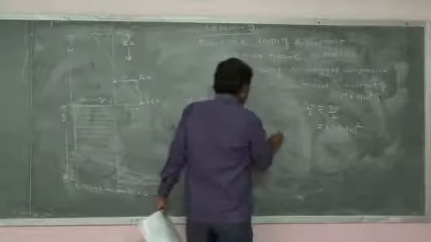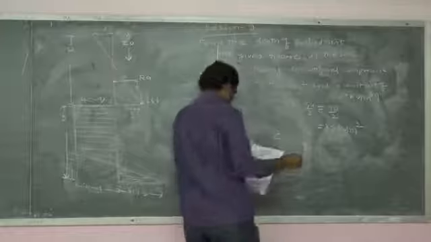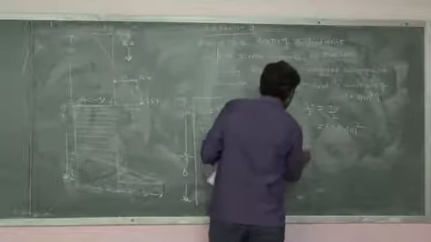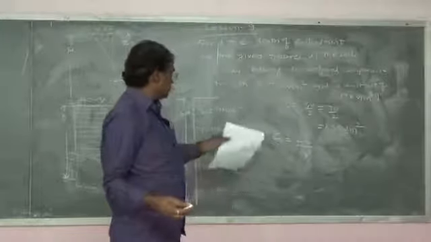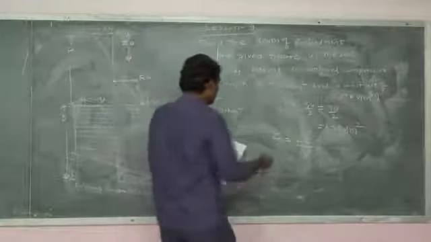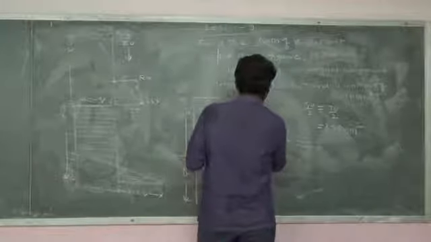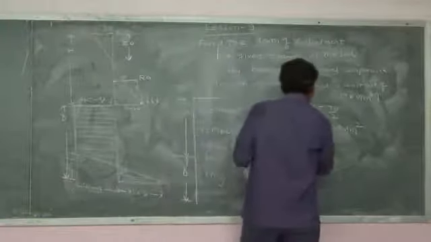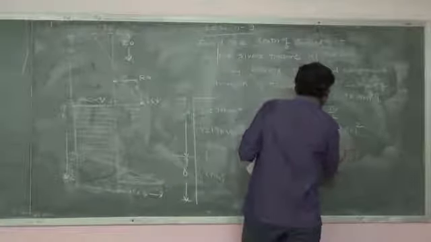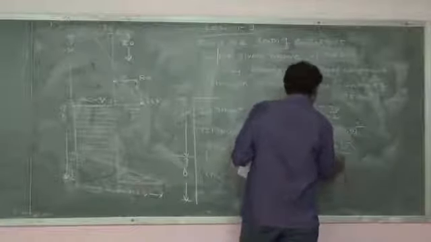this z naught is given by, if you remember, 2c divided by gamma. You learned this in our pressure in GT1. So z naught is equal to 2c by gamma, or 2 into 35 divided by 17.